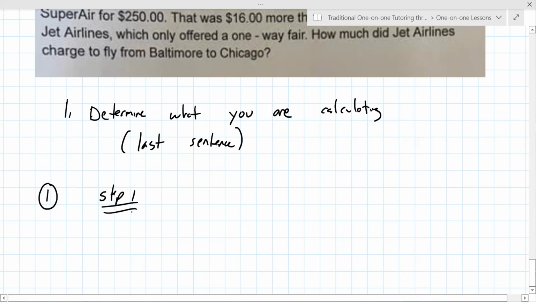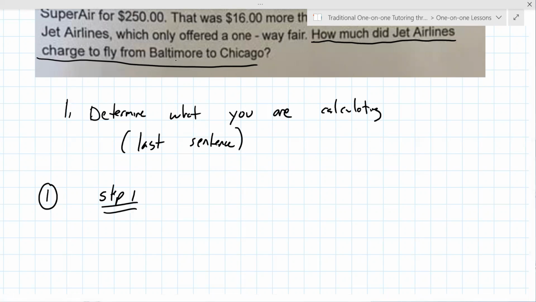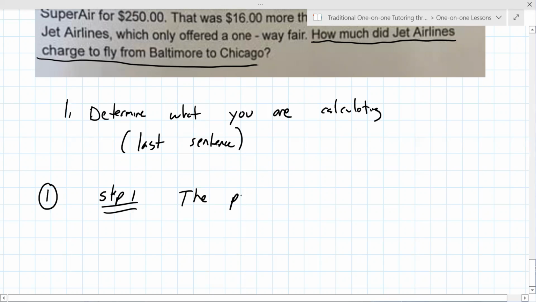You want to make it really clear to your teacher, don't make them try to guess where your step 1 is. And you don't want to just copy the sentence. Instead of a question, you want to make it more of a declarative. You want to say the cost to fly from Baltimore to Chicago, or the price, something like that.